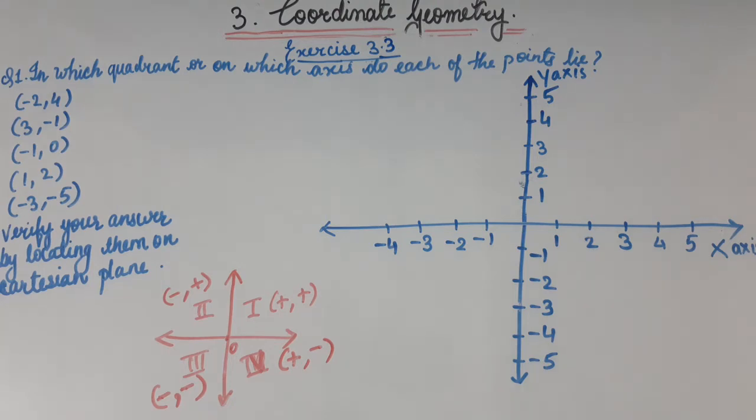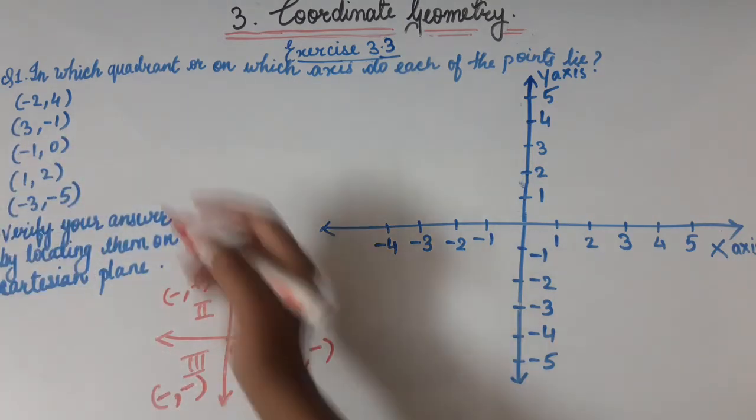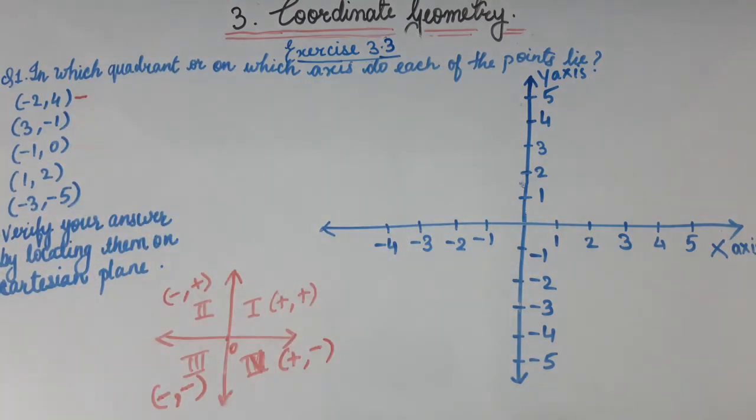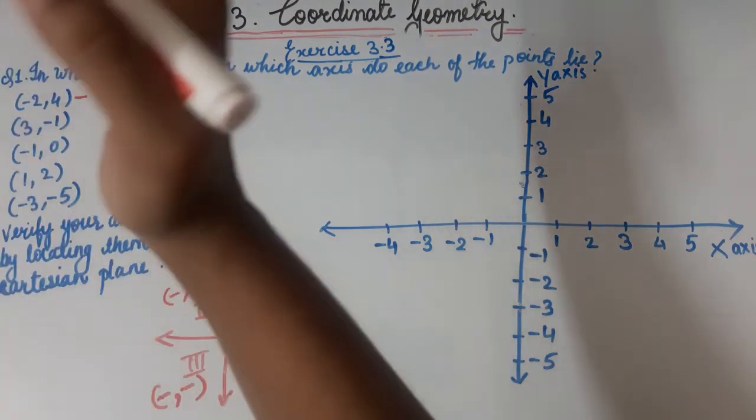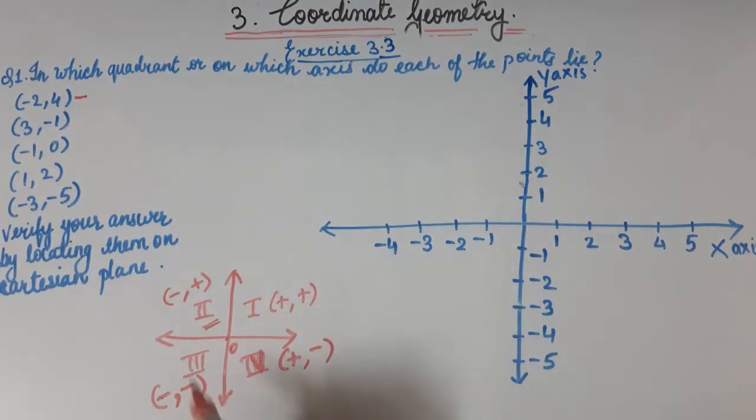Now without locating we can identify in which quadrant the point lies. Your first point is minus 2 comma 4. Minus 2, x coordinate is minus. Minus means to the left of origin. And y is positive, that means above the origin. To the left and above means which quadrant? Second. Minus plus.